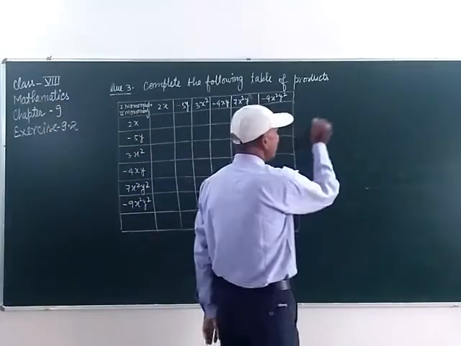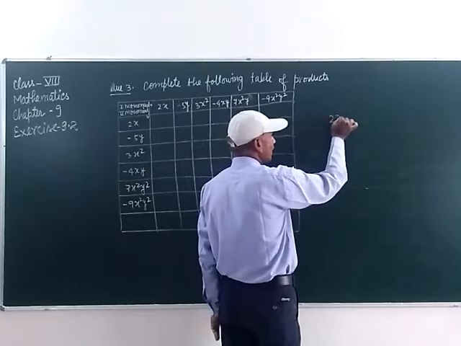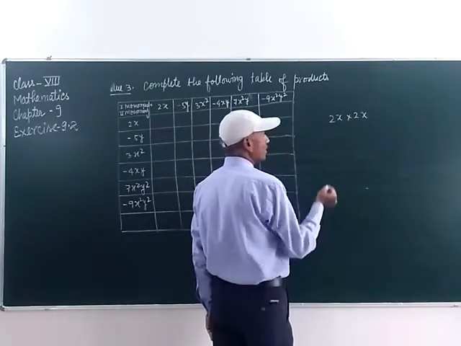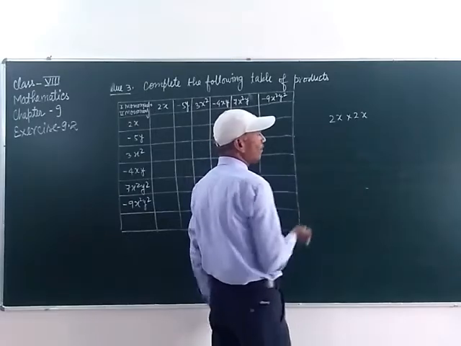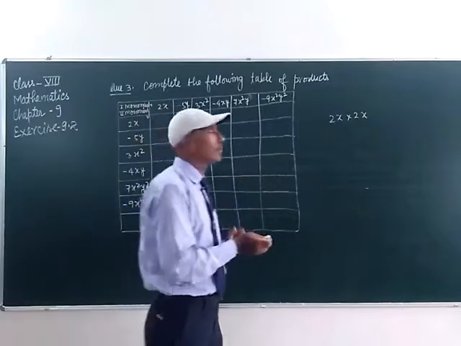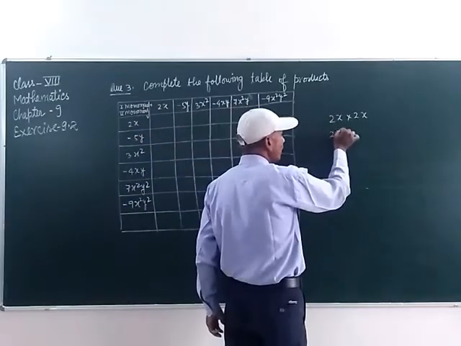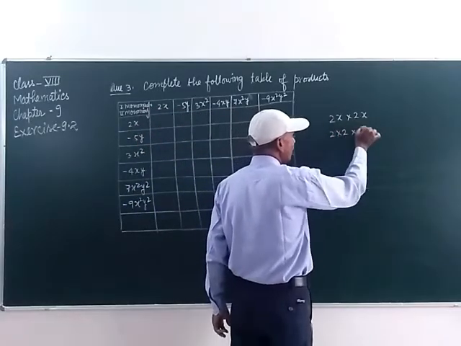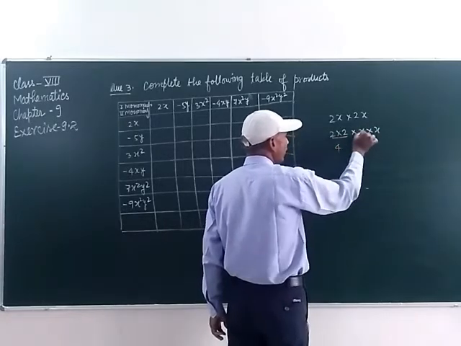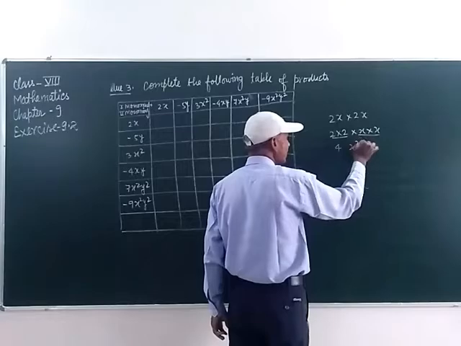So student, this first monomial is 2x and the second is 2x. In this, first of all, we have to multiply numbers with numbers and variables with variables. So this one is 2 into 2 into x into x. 2 times 2 is 4, x into x is x square.